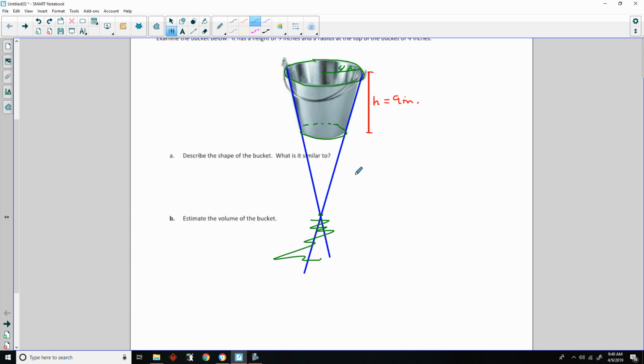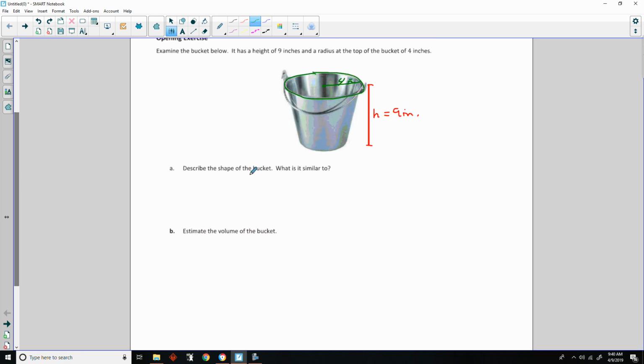So now we want to estimate the volume of the bucket. How would we estimate that? I would think, well, it's a cone, and the volume of a cone equals 1/3 pi r squared times height, not cubed: base area, pi r squared, times height.